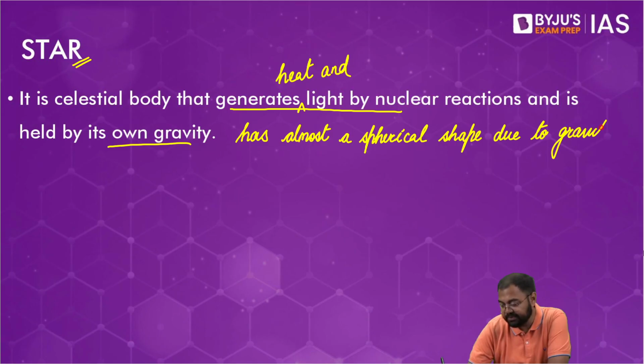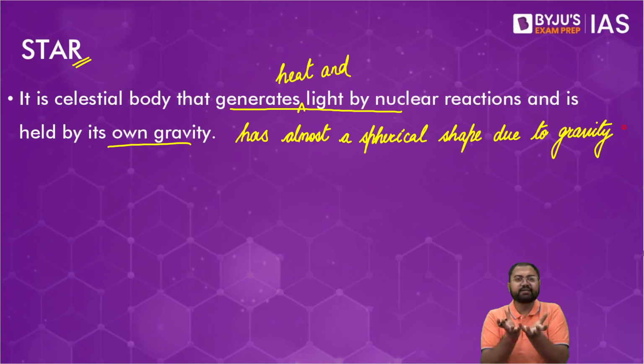Because basically what happens is that gravity will try to pull everything towards the center, and it gives it more or less a spherical shape. So that's why stars are said to be spherical, because of gravitational force.